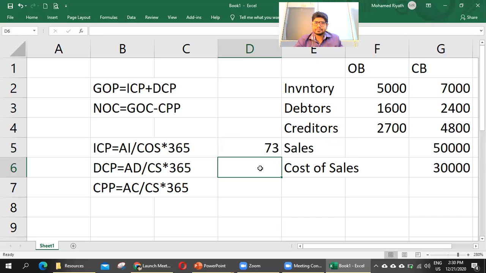Likewise, for debtors collection period, first we have to calculate the average debtors.